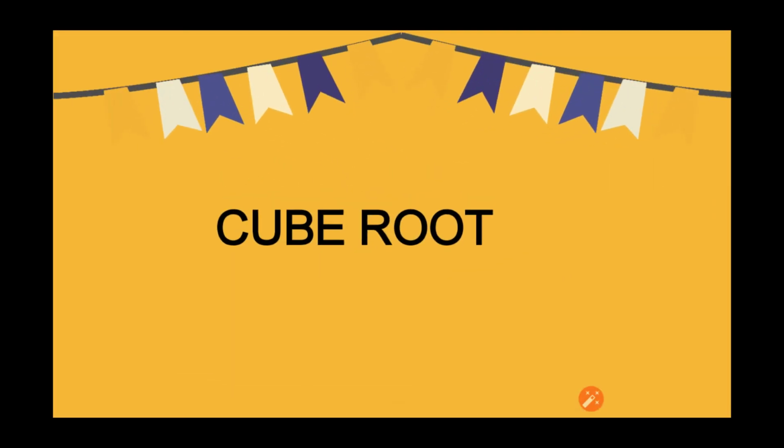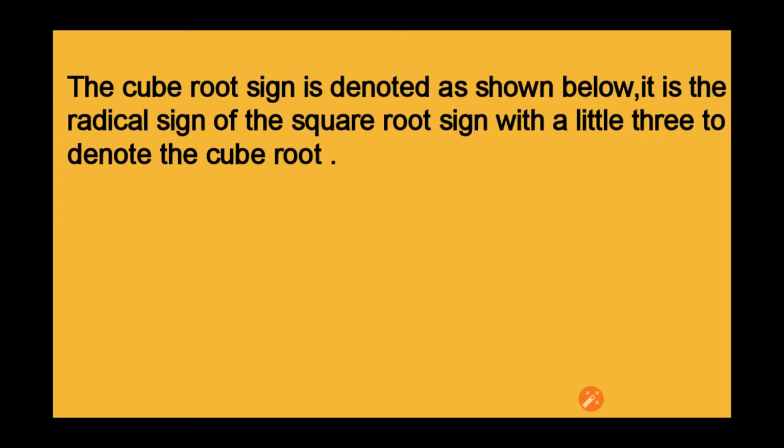Let's look at another subtopic, which is cube roots. I repeat, cube roots. Okay. The cube root sign is written this way. This is the cube root sign. The cube root sign is denoted as shown below. It is the radical sign of the square root sign with a little 3 to denote the cube root sign.